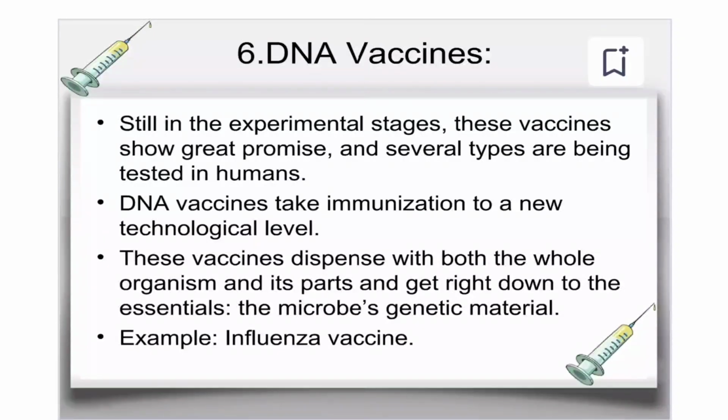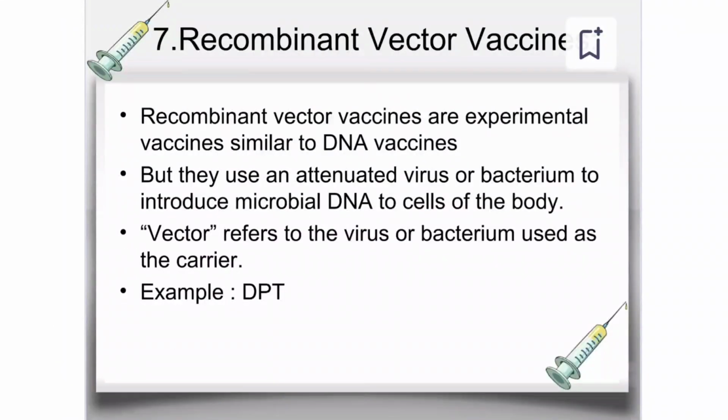Next is DNA vaccines. Now they are experimenting with DNA vaccines, which will affect the bacterial DNA or viral DNA, and the genetic material will also be altered. Example is influenza vaccine. Next, recombinant vector vaccine. Recombinant vector vaccines are experimental vaccines similar to DNA vaccines.